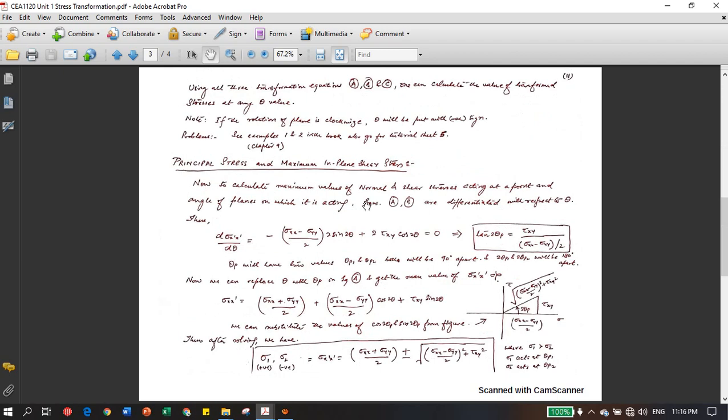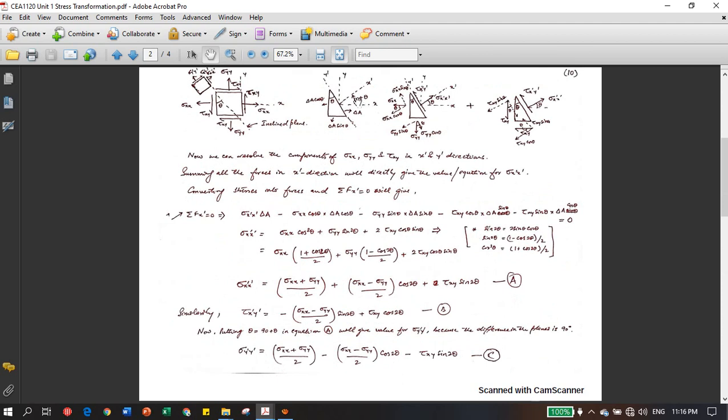Next, you can see over here that if your transformation is negative, meaning in the clockwise direction, you have to put theta with a negative sign, because we have derived these equations for positive theta, and we have taken positive theta in the anti-clockwise direction.